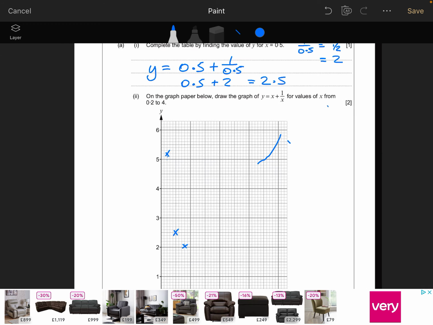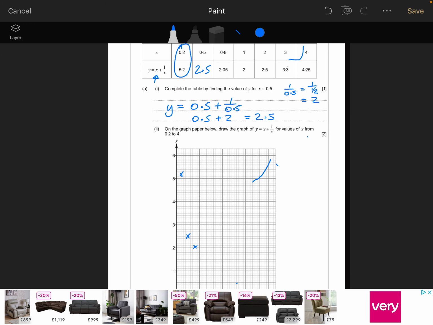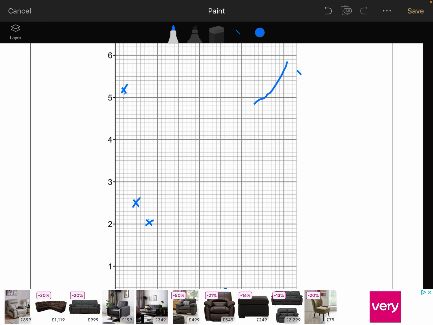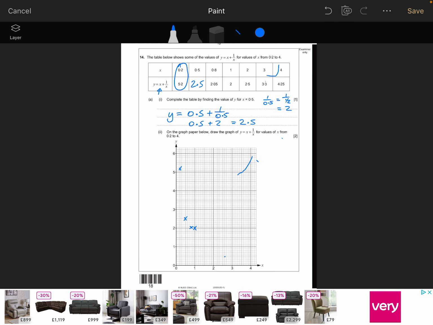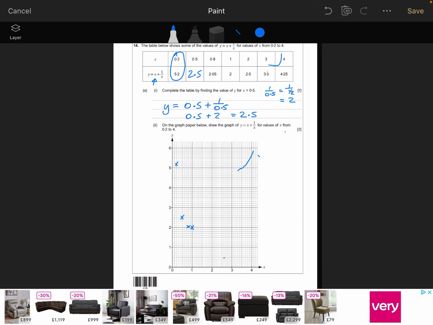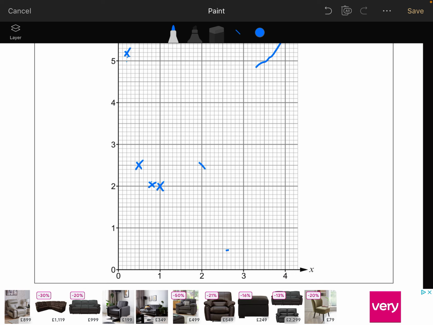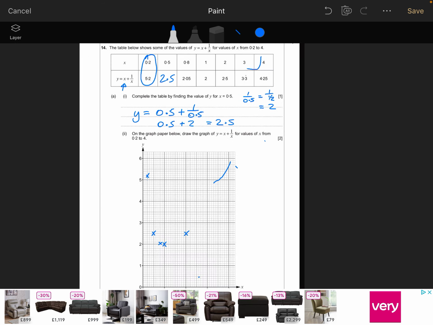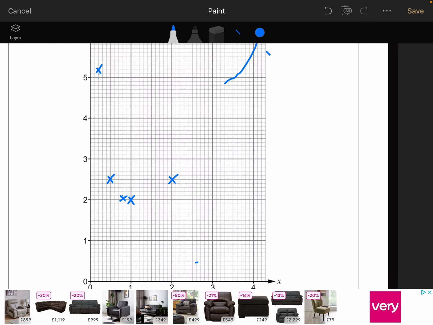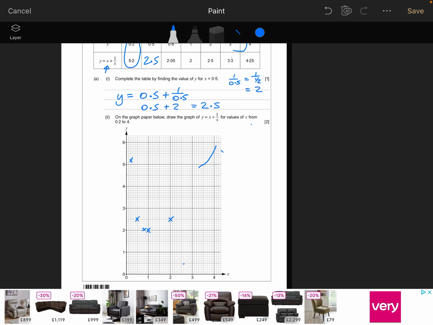Okay. The next one is 1 and 2, so it's a bit easier to plot that one. We want 1 along and 2 up, which is there, and then we want 2 and 2.5. So 2 along and 2.5 will be here. And then 3 and 3.3 recurring.